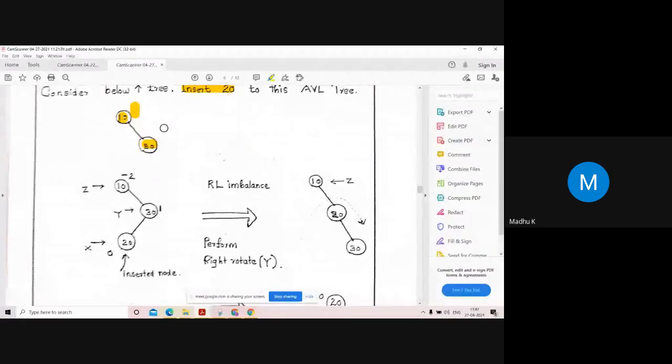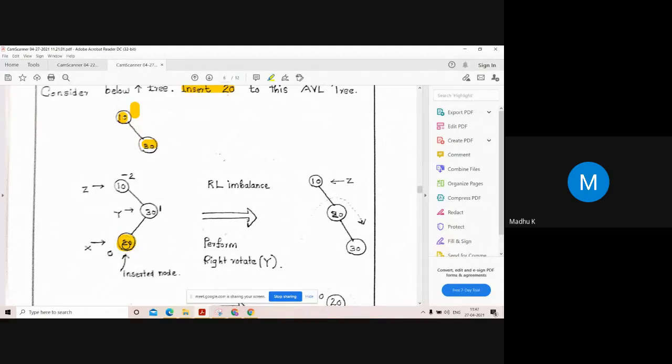Basically, this is a BST, so we will start from the root. 20 is greater than 10, so we will reach 30. 20 is less than 30, so we will place 20 here. That is, insertion is similar to the BST.